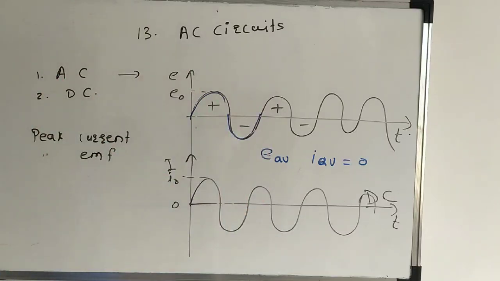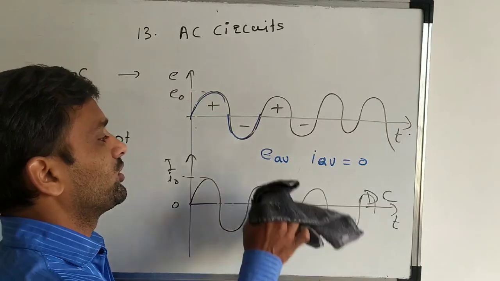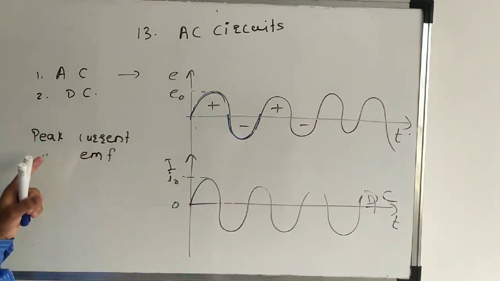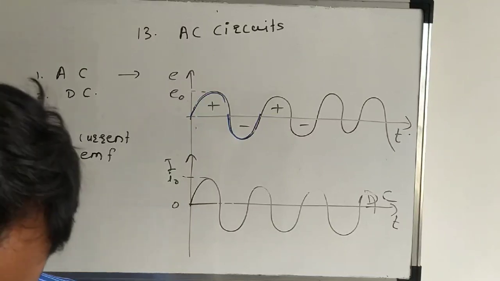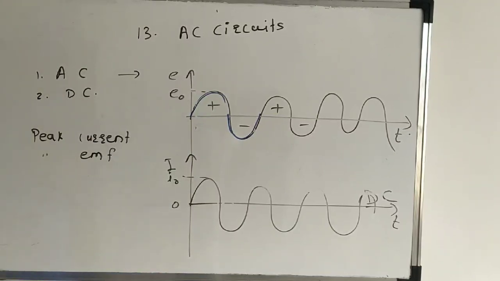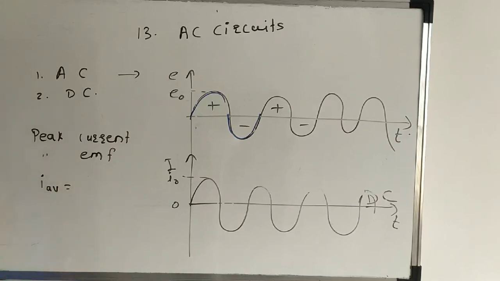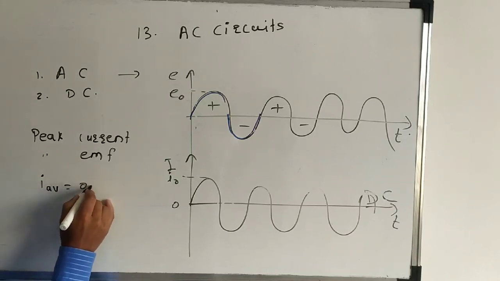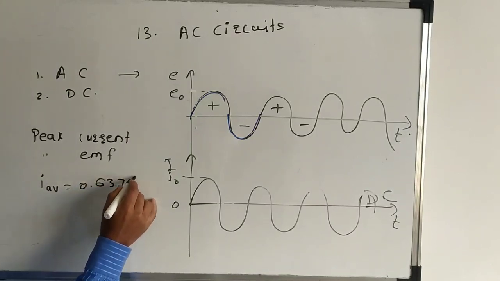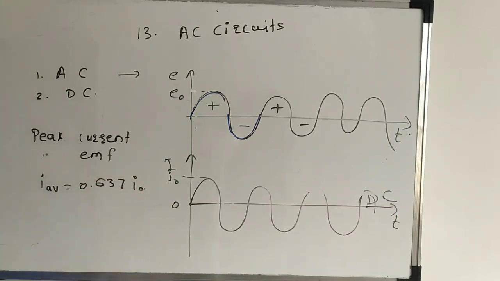Then how we can write the average value of current and average value of EMF in terms of the peak value? The equation for the average value of current in terms of the peak value is given by 0.637 of I naught, where I naught is the peak value of current.